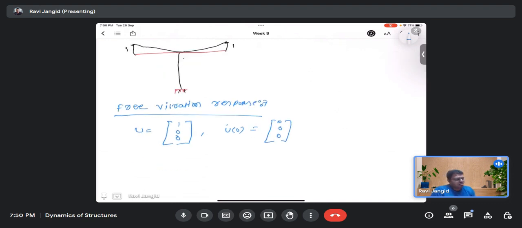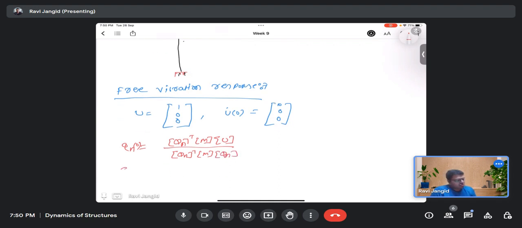So you can find out the modal expansion vector. qn(0) is phi n transpose M u(0) over phi n transpose M phi n.